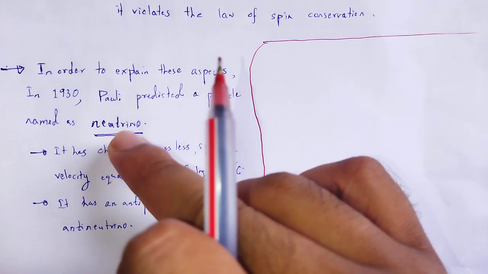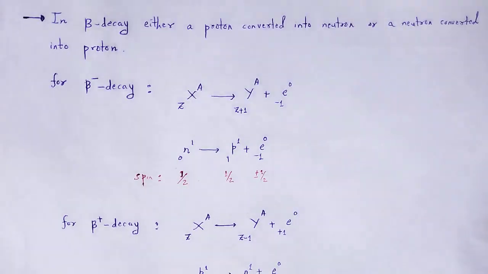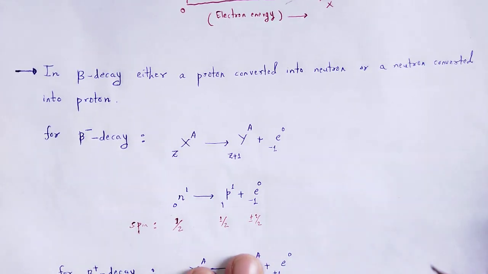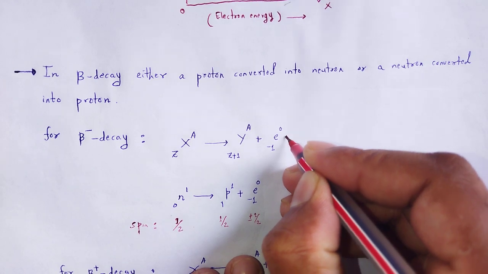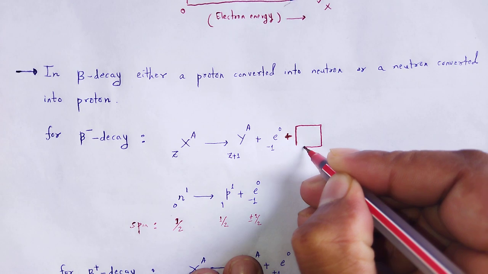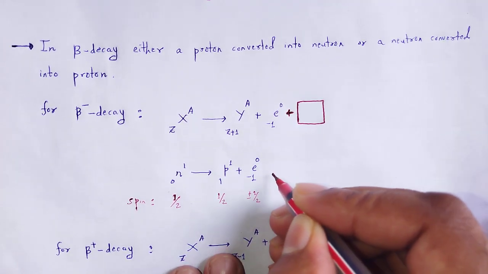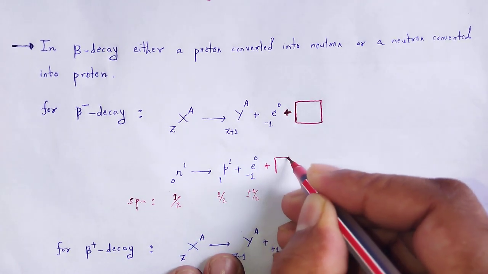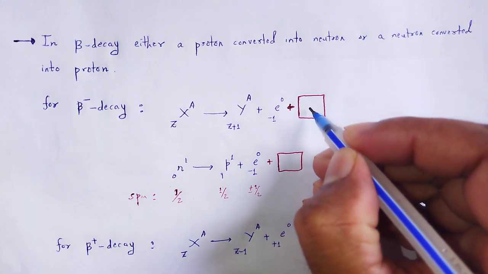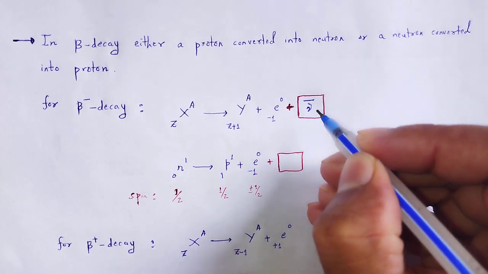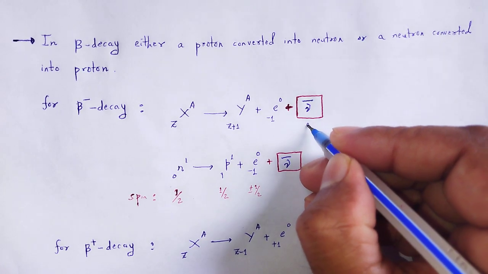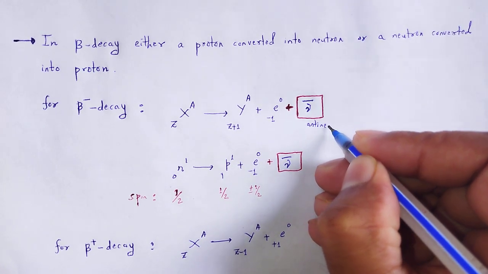So, when that particle neutrino is introduced in the beta decay process, the expected particle here is the antineutrino, denoted by nu bar.